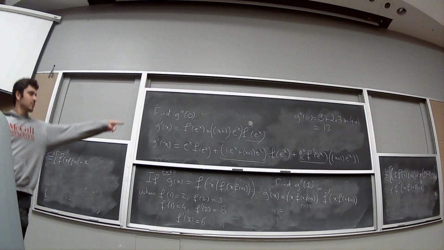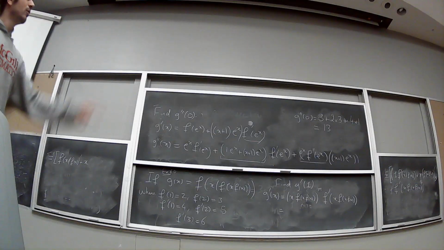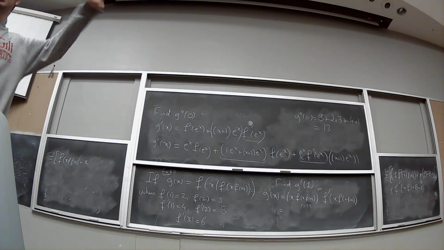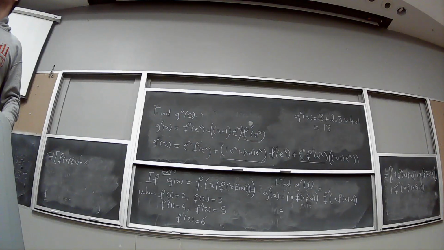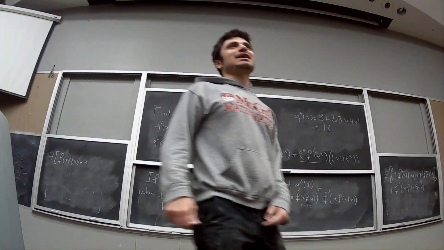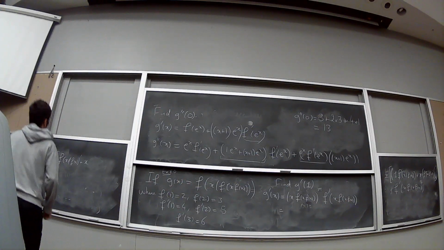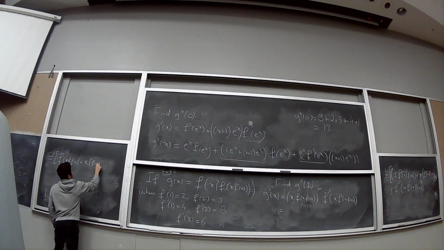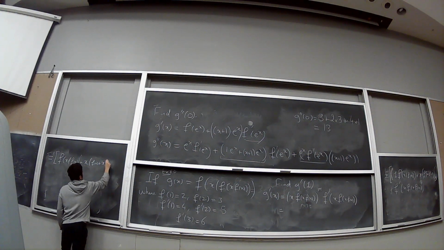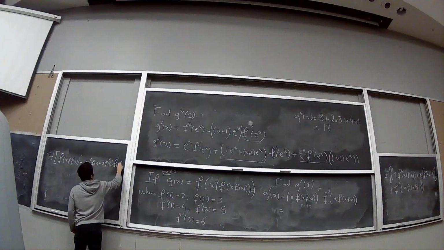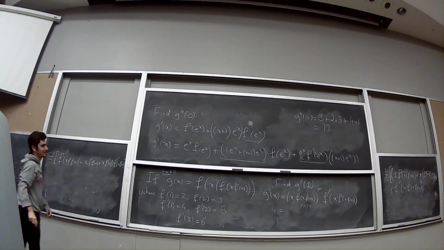I have to differentiate the term in brackets. So the derivative of x f of x times f prime at x f of x. Do you guys see this or not? What's the derivative of x f of x? That I can do mentally. It's f of x plus x f prime x times f prime of x f of x.